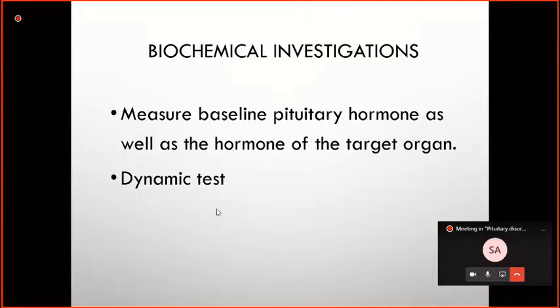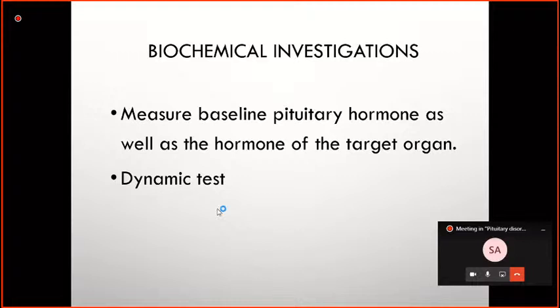So that's why we want to see the pattern, the relations of the pituitary hormone as well as the target hormone, to get some idea of where the defect is. Is the defect from the pituitary or from the target organ? So it's not enough to just measure the hormone of the pituitary only. You want to measure both.